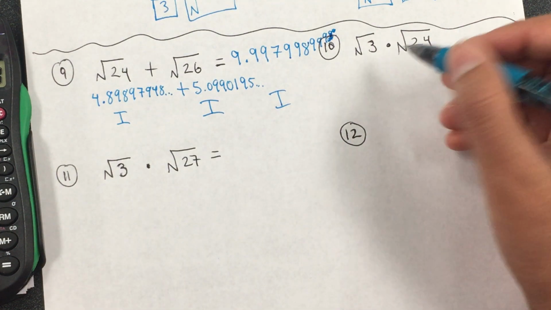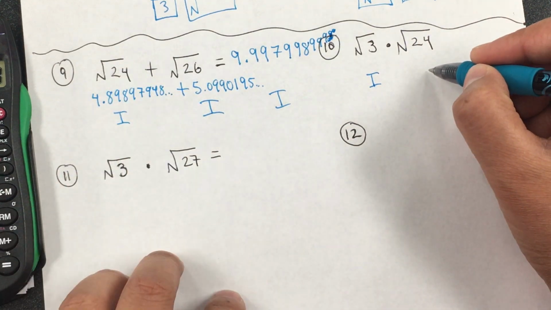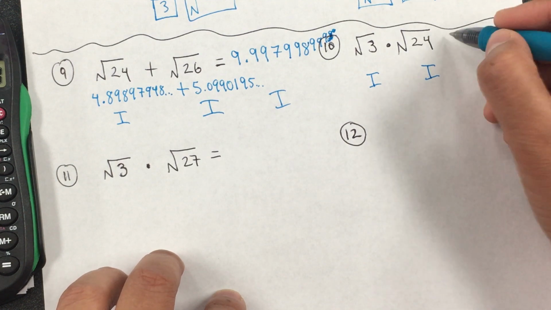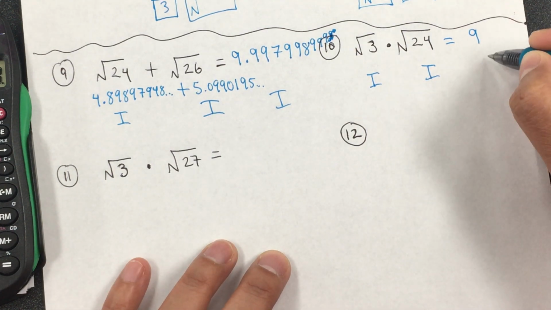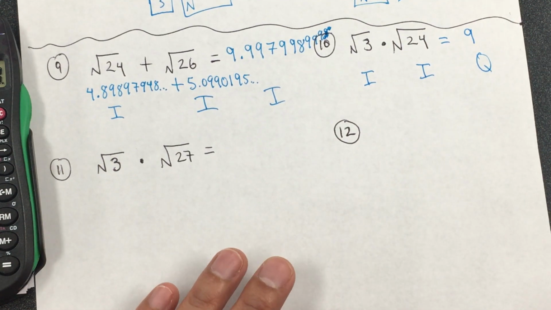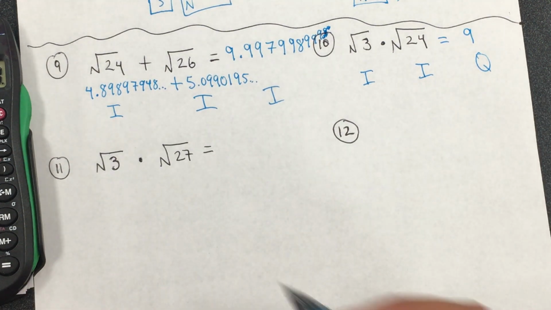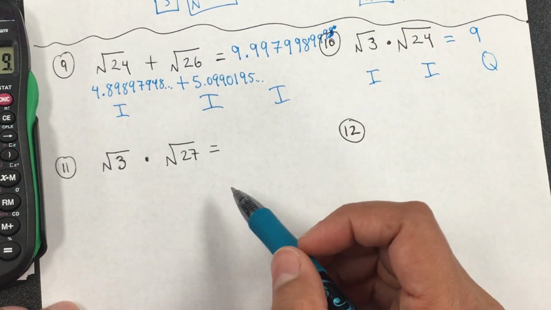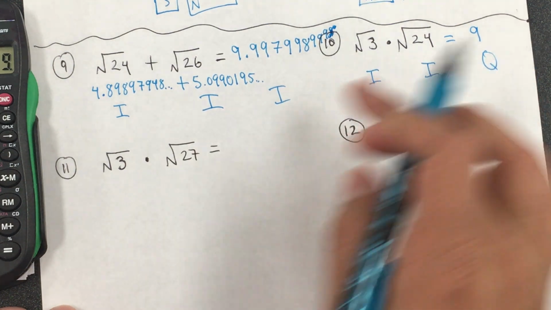And what about square root of 3 is irrational. Square root of 24, we already saw that is irrational. So the answer is square root of 3 times the square root of 27 equals 9. So that's actually a rational number. Okay. Did I do this one? I think I did this one right here.